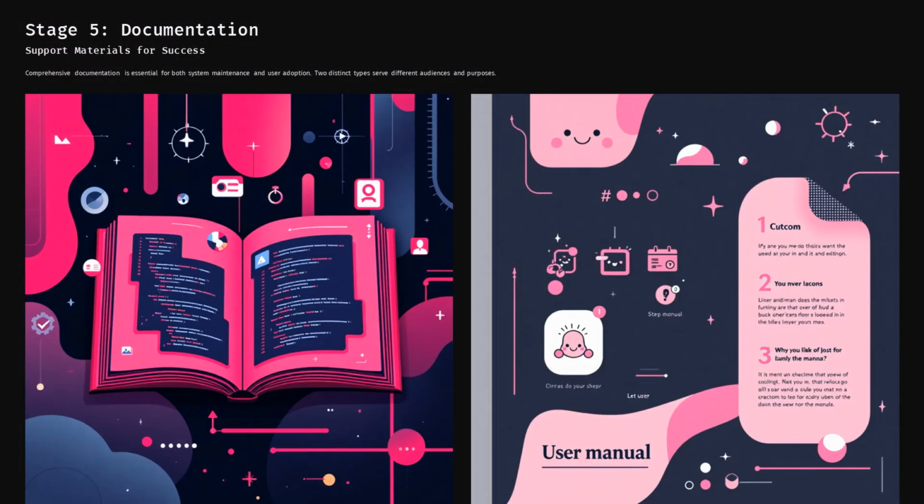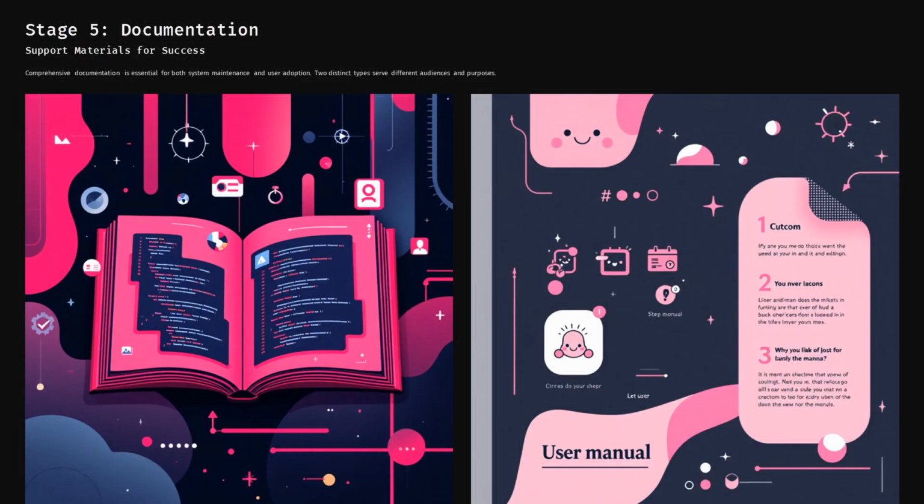It includes things like source code, database structures, and system architecture. User documentation is for the end users, the people who will actually be using the system day-to-day. This includes user guides, tutorials, and help files written in non-technical language. Both types are crucial for long-term system success.